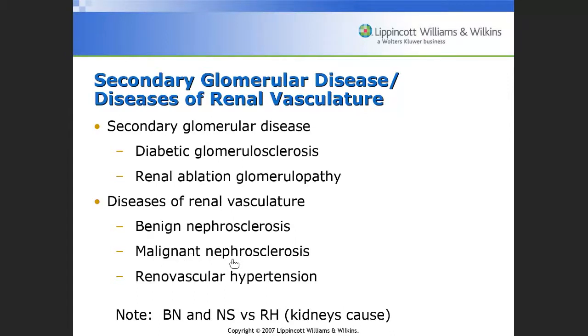And malignant nephrosclerosis is usually due to renal hypertension, and its characteristic is very similar to pulmonary hypertension.